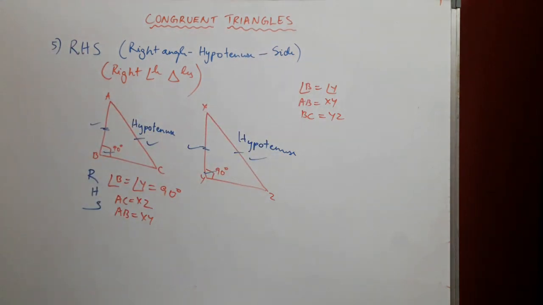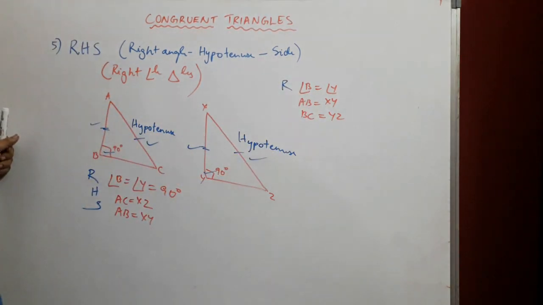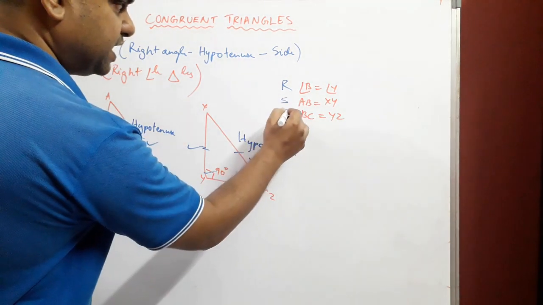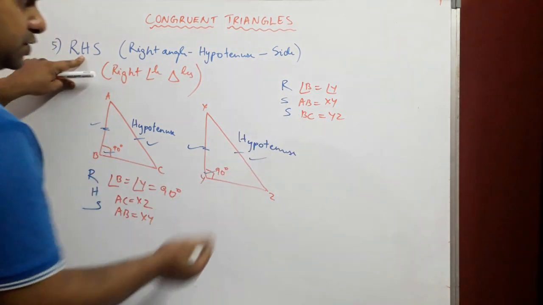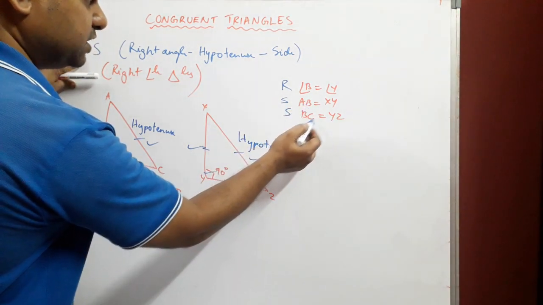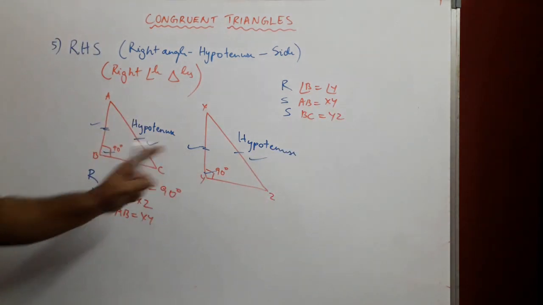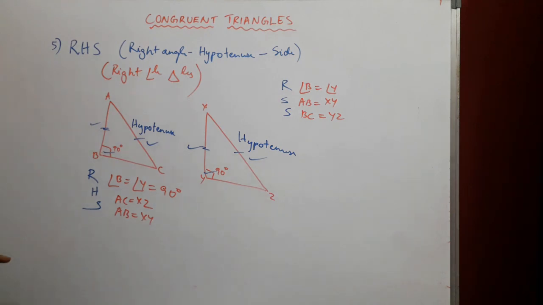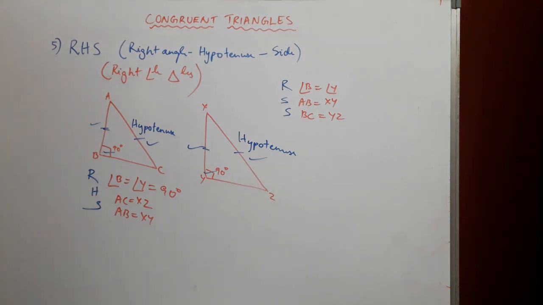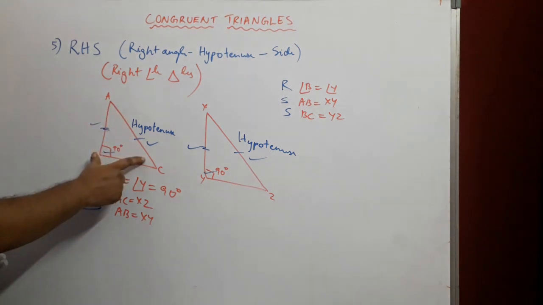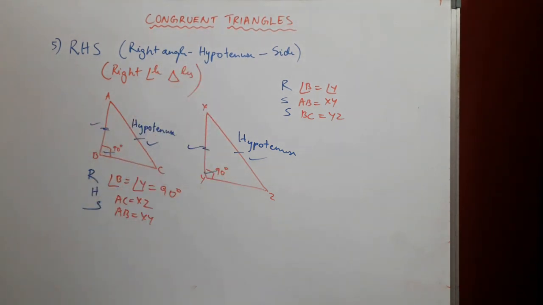No, not any two sides. This is wrong because this is a right angle, fine. This is a side, this is a side. We need H, which is a hypotenuse, and neither AB nor BC or XY or YZ are hypotenuses of their respective triangles. We need to have a hypotenuse, and the hypotenuse is the side which is opposite to the right angle. We need to include AC and XZ, or the hypotenuses of the respective triangles.